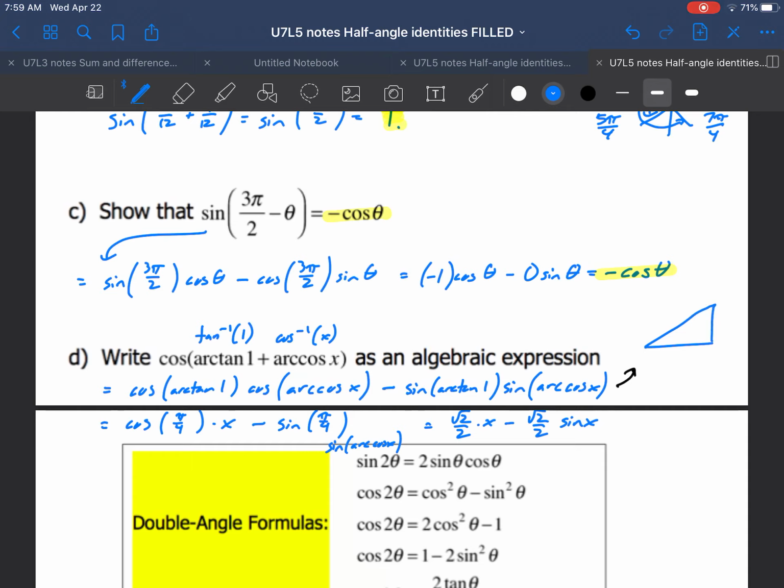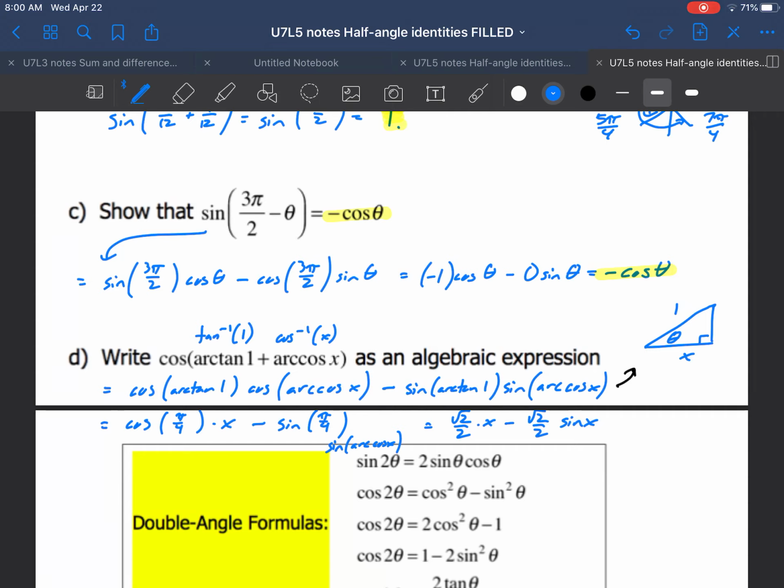So the way I could think about that is, I could draw a right triangle, right? If I want my angle theta to have a cosine of x, well, that means the adjacent over the hypotenuse has to be x over 1, okay? So remember, this is saying what angle has a cosine of x? That's the same thing as saying, well, the cosine of the angle is equal to x, okay?